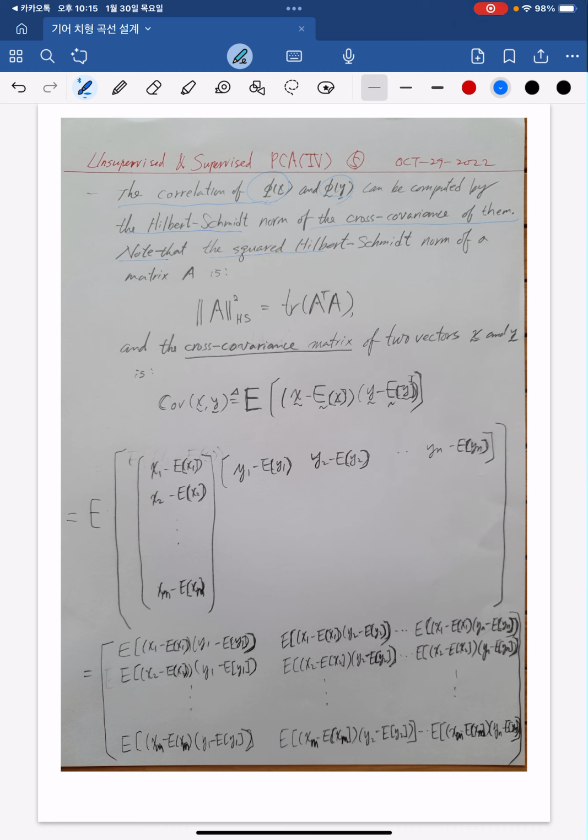Note that the squared Hilbert-Schmidt norm of a matrix A is defined as trace of A transpose A, the norm in Hilbert space. The cross covariance matrix of two vectors x and y is defined like this.